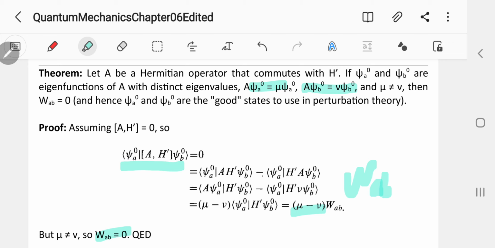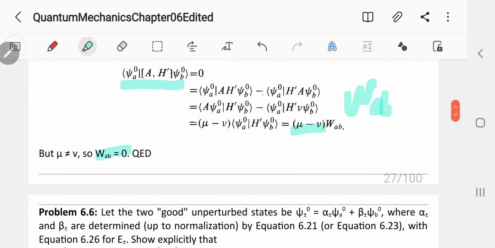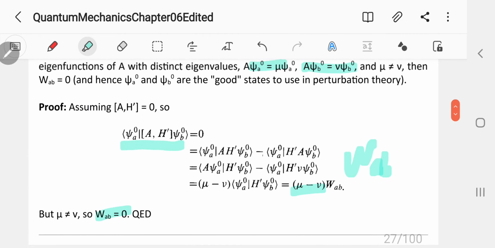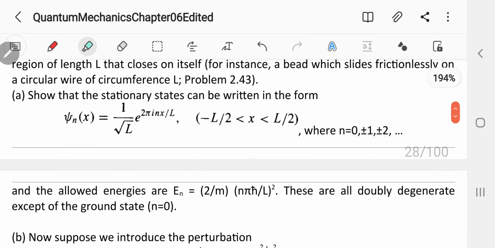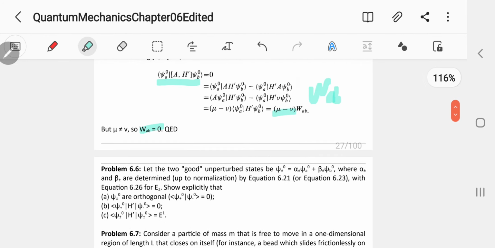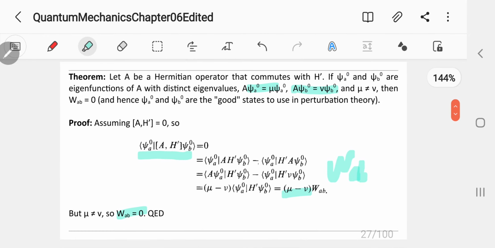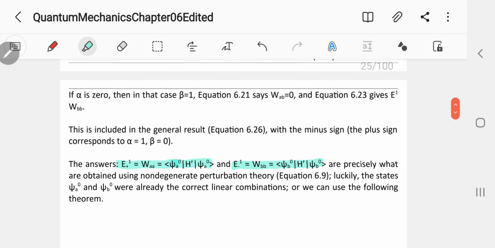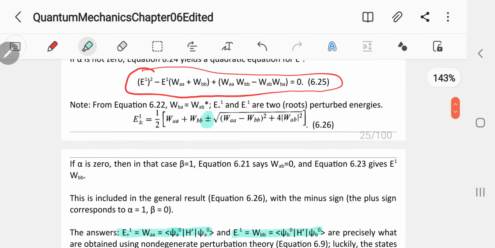So that's how you prove that. Anyway, this is just mathematical. What's important is the results that we have achieved, as in equation 6.26, this one.